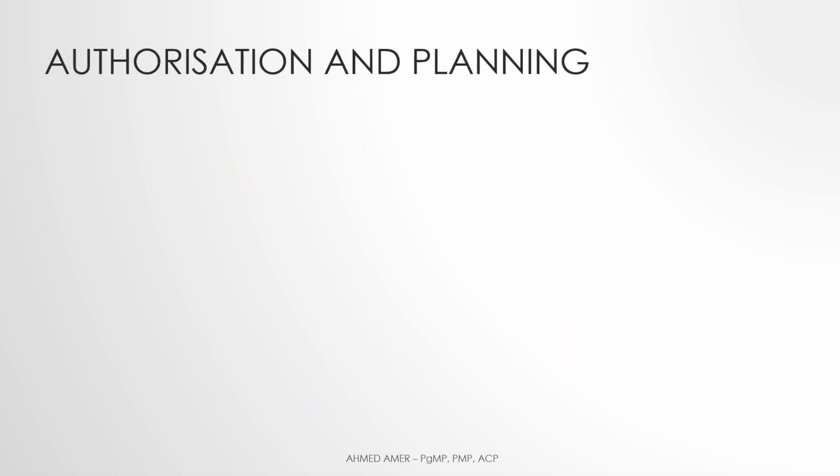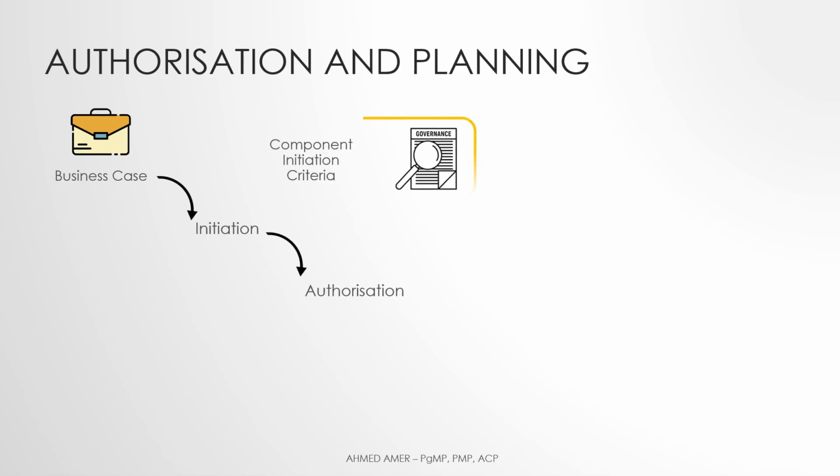Since we just mentioned that the program delivery phase is the place where all component phases take place, let's talk more about this. Each component has a business case, and any component requires initiation prior to its authorization. The initiation has to meet the organization's criteria, which mostly can be found in the program governance plan.